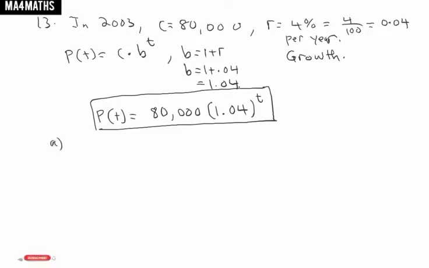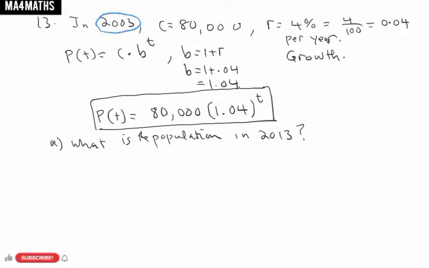So part A asks you, what is the population in 2013? Well, consistent with what we were doing, this would be t equals 0. So this would be t equals what? Very good, 10.